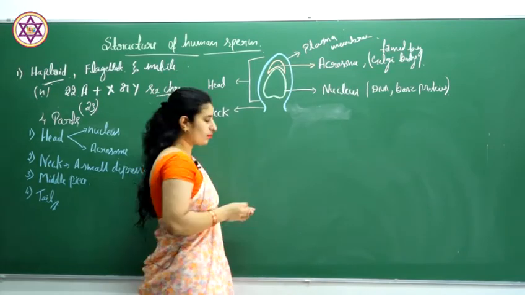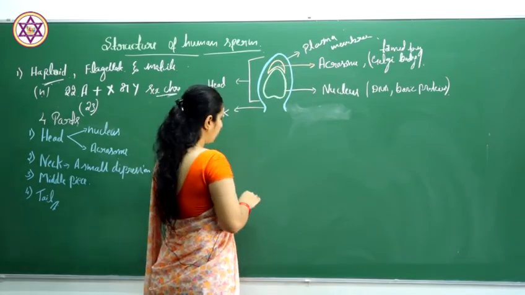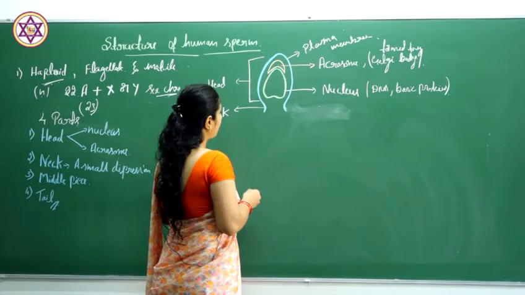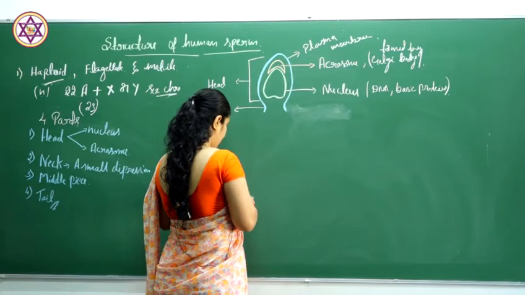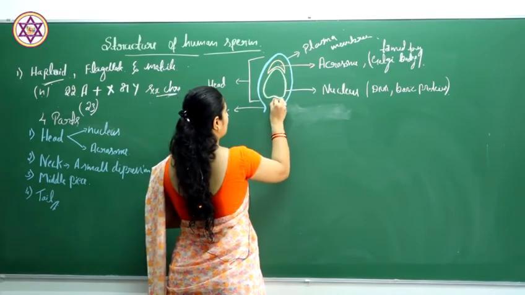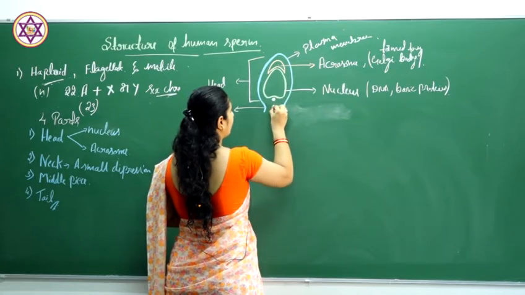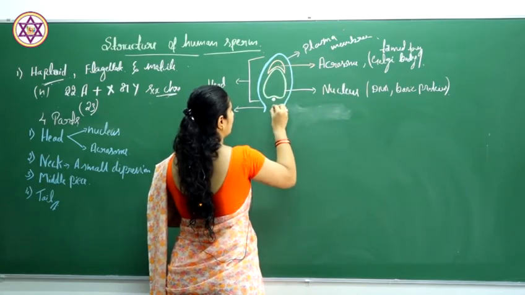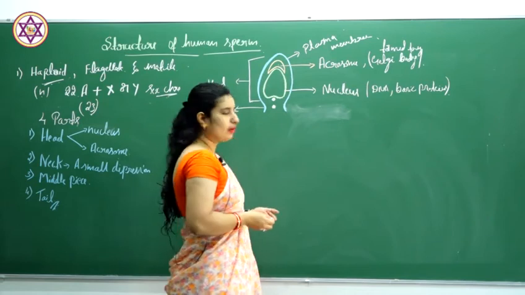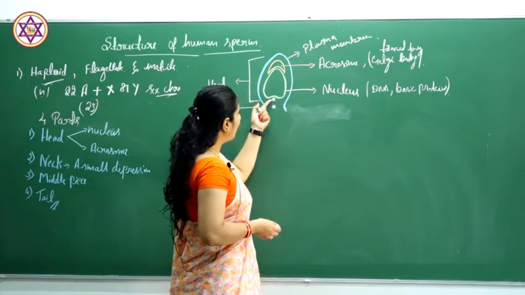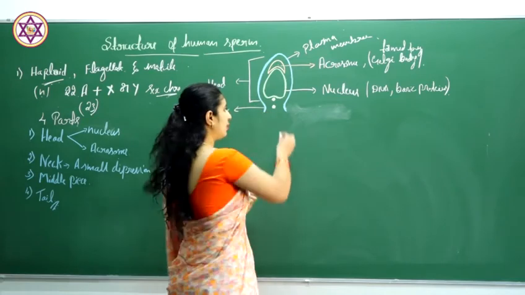Below the nucleus, we can see two centrioles. The centriole which is present in the depression of the nucleus, this is the one.